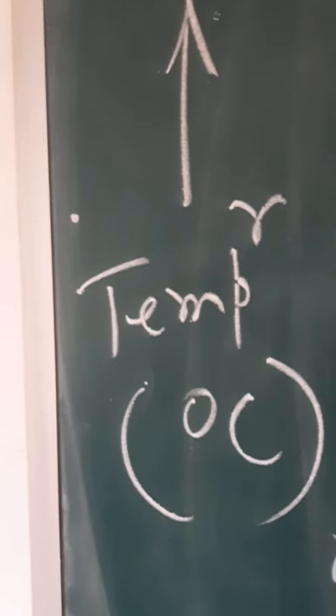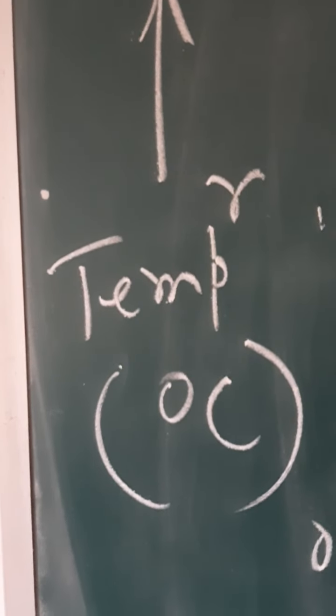T1 was approximately 19 point something, and up to a reading, say 22 or whatever, it was in equilibrium.